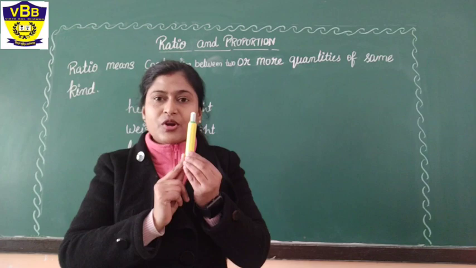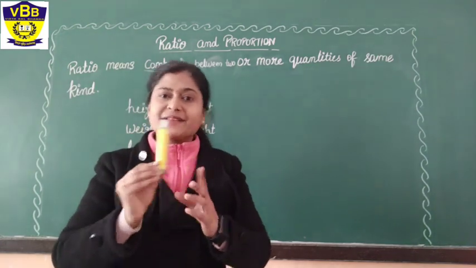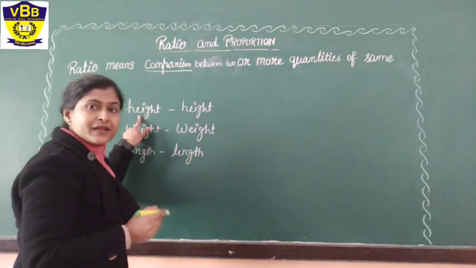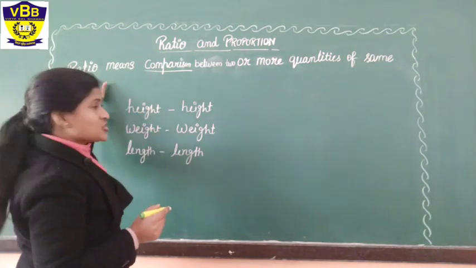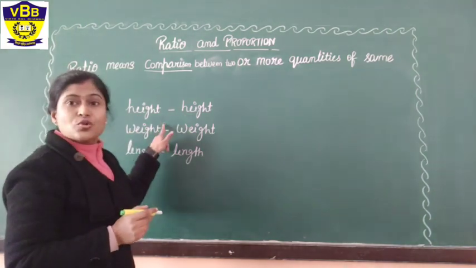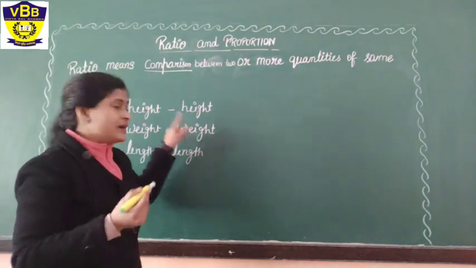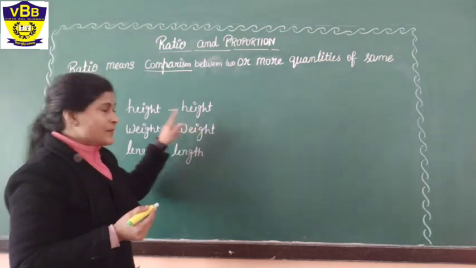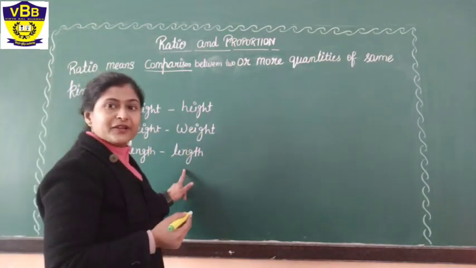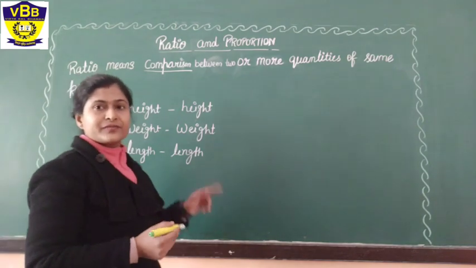No, because we need two for comparison. So always remember one thing: comparison in ratio should be between two similar quantities, like height compared with height, weight with weight, length with length.